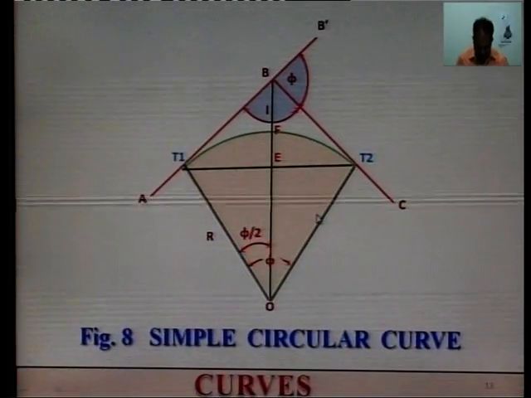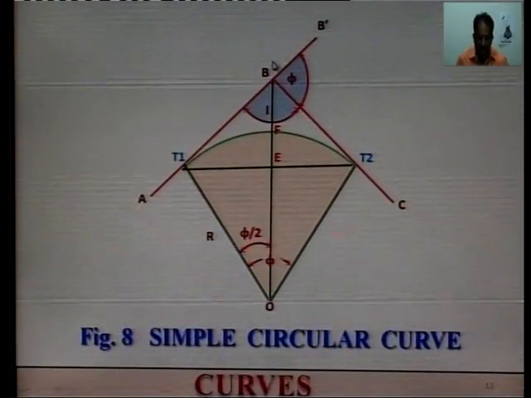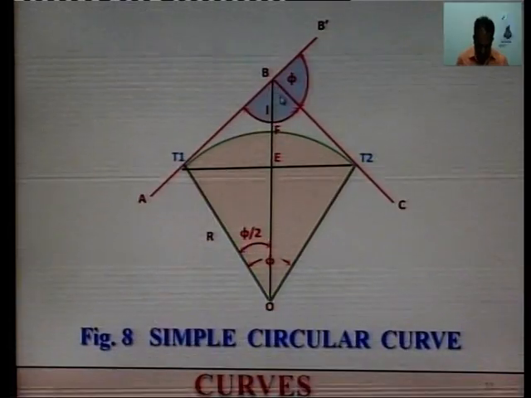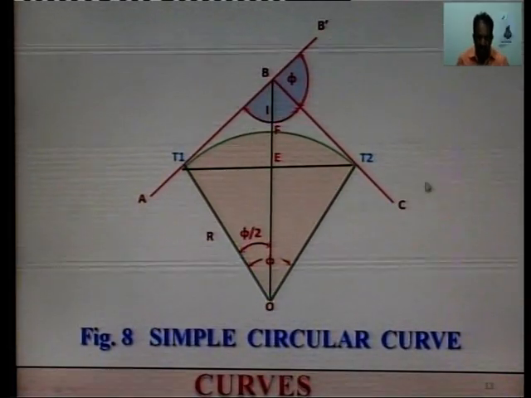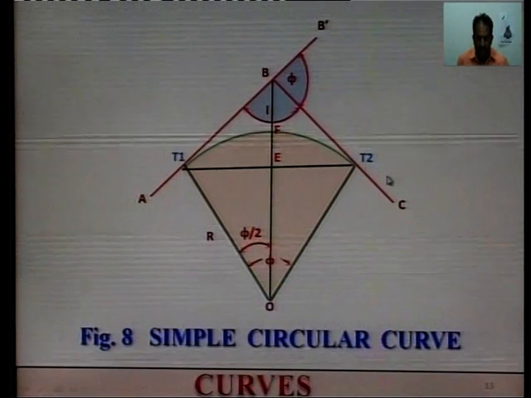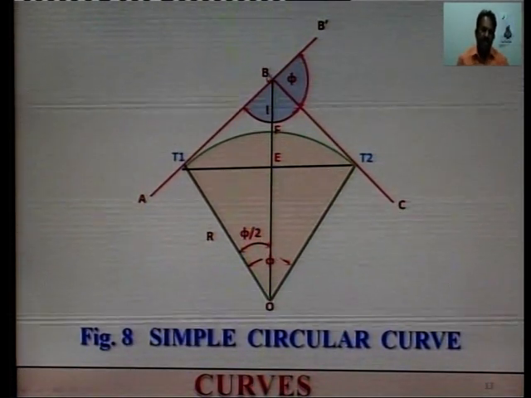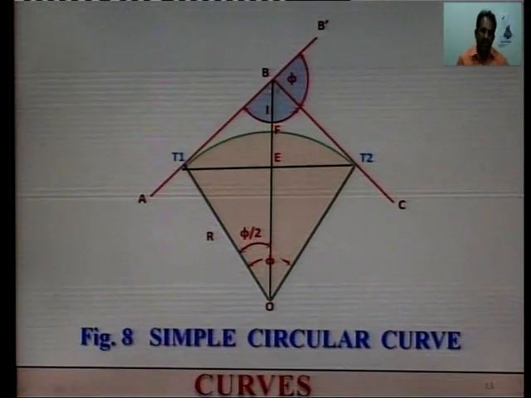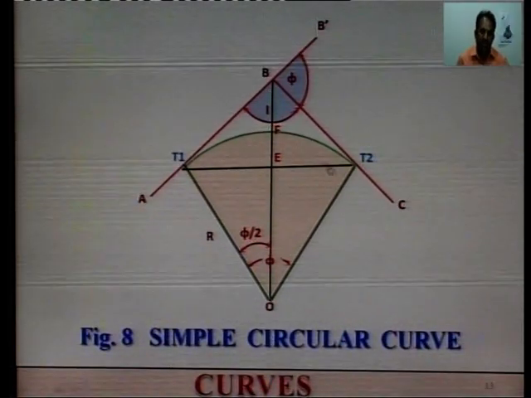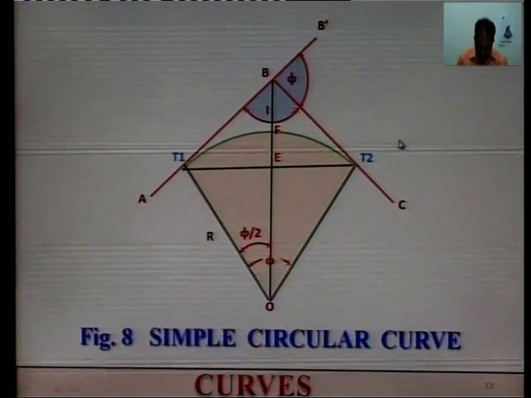The distance from the point of intersection B to the tangent point T1 or T2, BT1 or BT2, is called the tangent length.